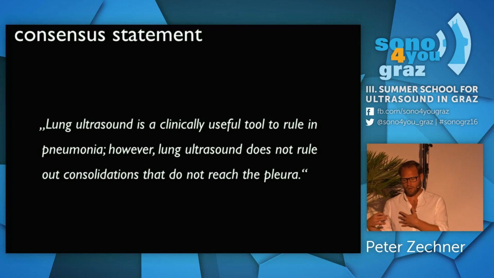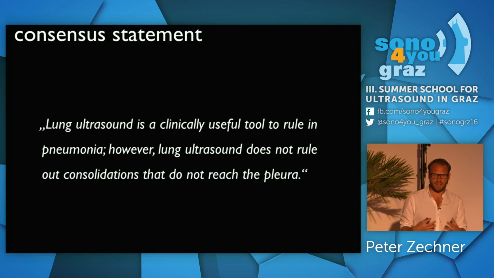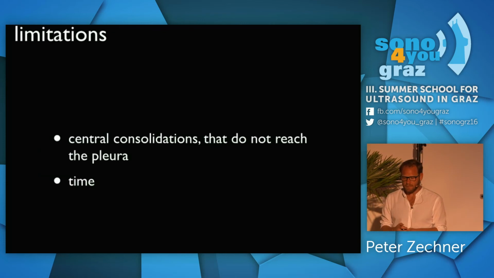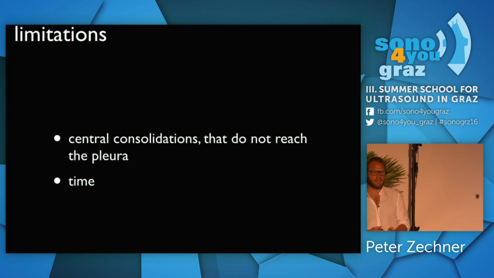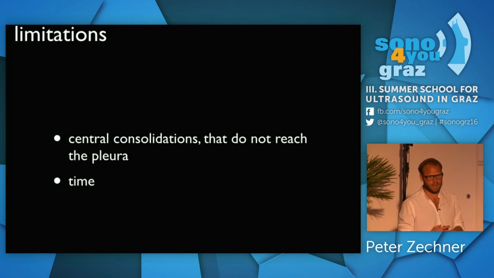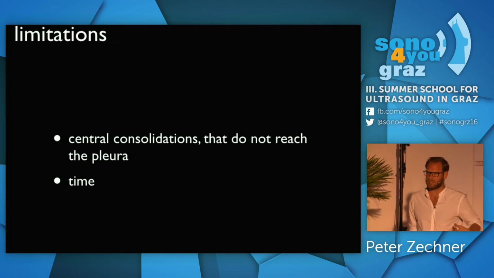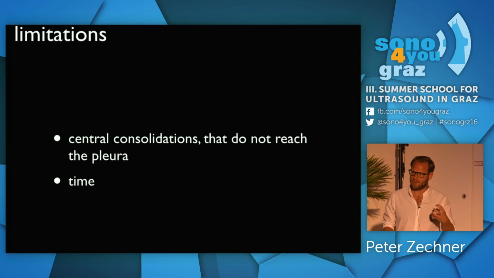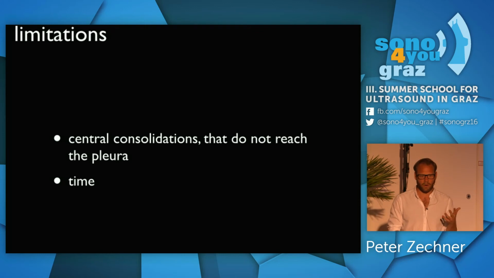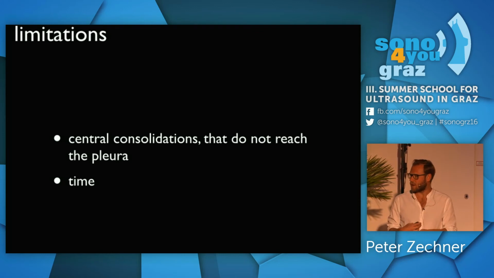So if we compare it with chest X-ray in 1 plane, we probably have a better diagnostic accuracy of lung ultrasound. But the problem is that it takes time. If we do not hear anything on clinical examination or the patient doesn't have pain on a very specific position on the thoracic wall, we have to scan the whole thorax to diagnose pneumonia if we do not know where we have to look first.